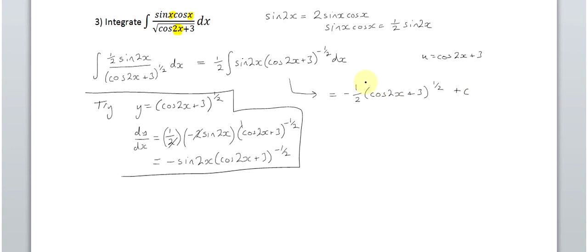And you can check that by differentiating that and seeing if you get that. I know that if you differentiate the stuff in the brackets here, you'll get this. So having that negative sign there will flip the sign back to being positive, and then the half will reflect this thing here.